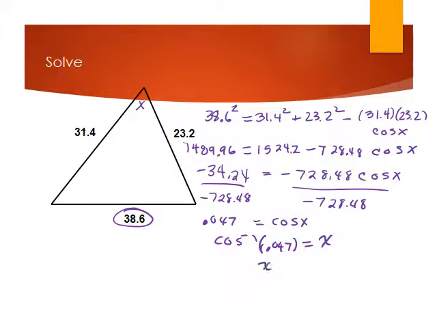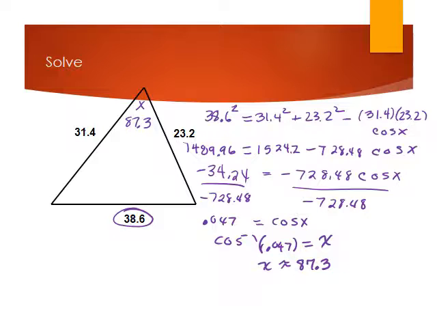In this case, X is approximately 87, and with angles, I'm just going to go out to the nearest hundredth, so this is approximately 87.3. Now I think that this is a much more difficult formula. It takes much more time, but now I've got a side and an angle opposite it, so I can use the law of sines.